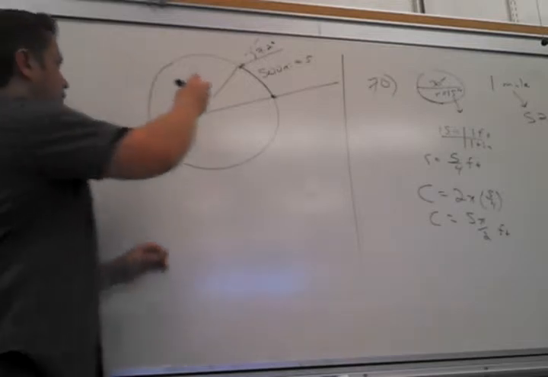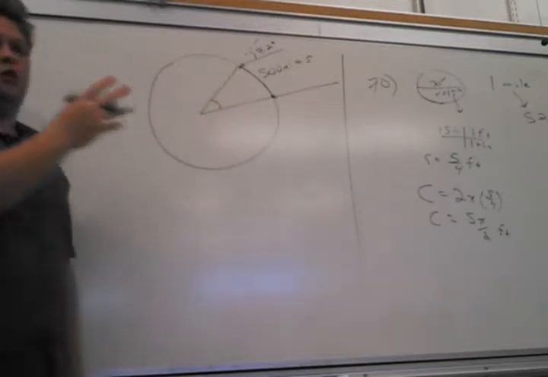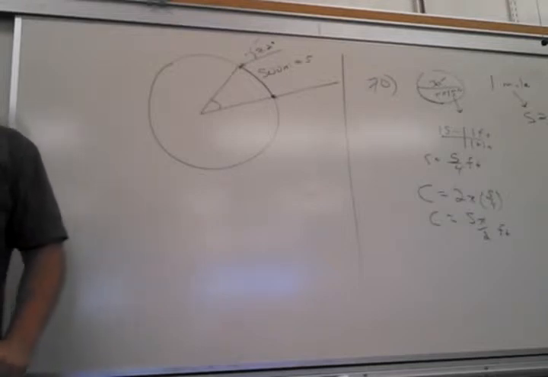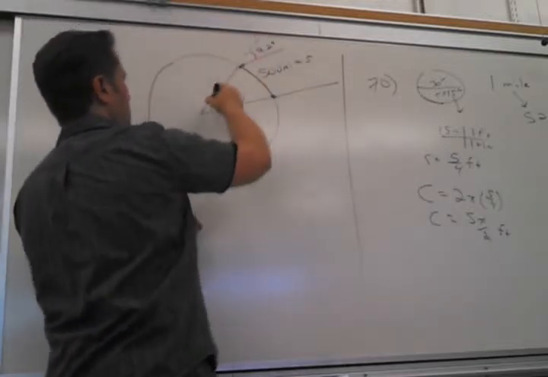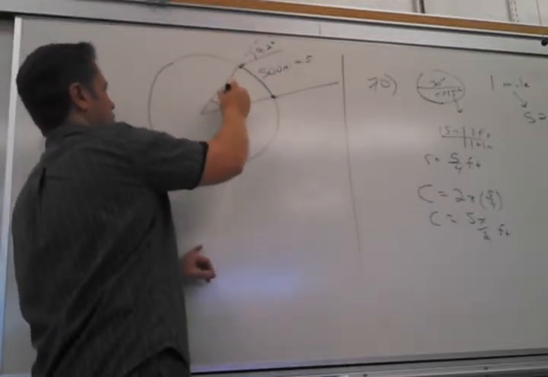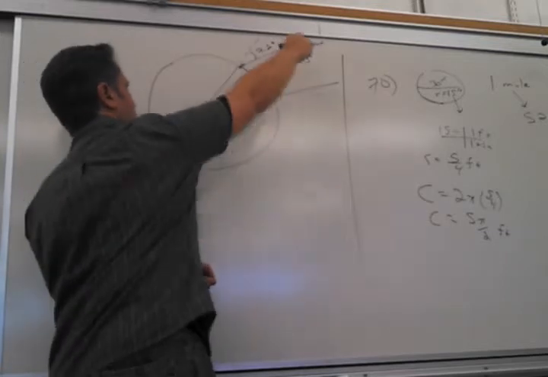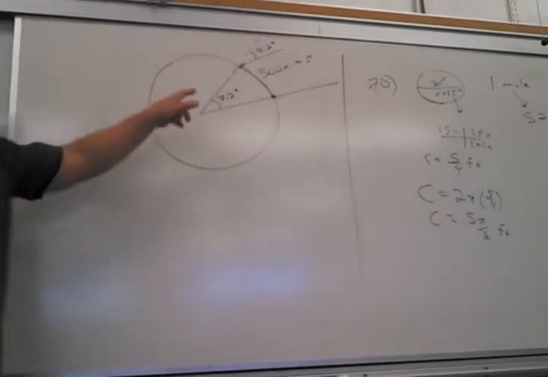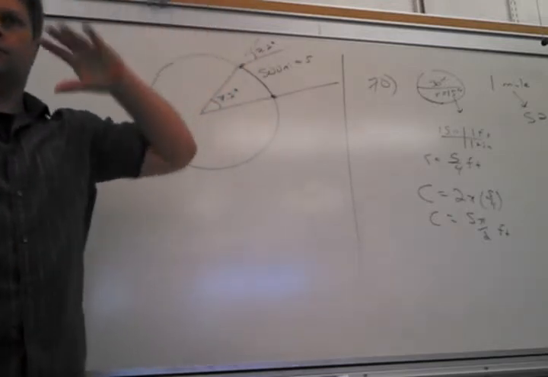So if I just knew what this angle was, and, of course, we do know what it is. Very basic geometry. It's 7.2. And that's a transversal through these parallel lines, right? So they're corresponding angles because they were made in the same way.